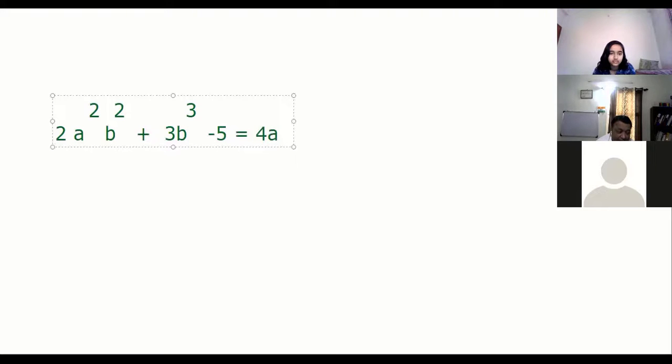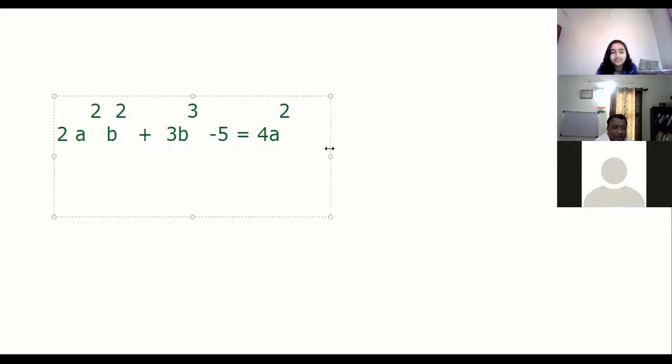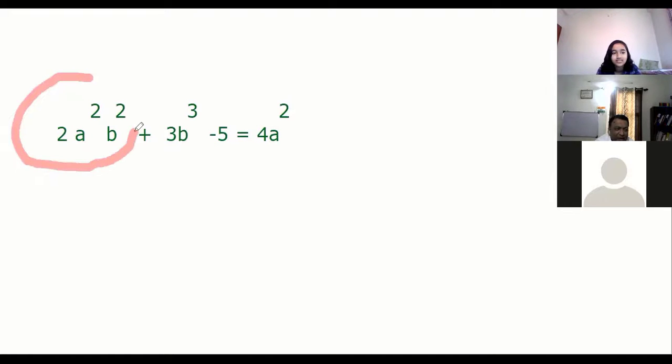Students say cubic, because the highest is 3b cube, but that is not correct. That's why I'm giving this problem. This is one term. What is the power of this term? 2 plus 2, 4.